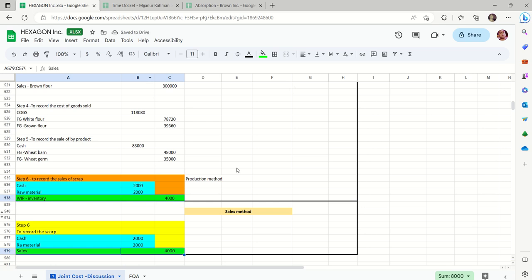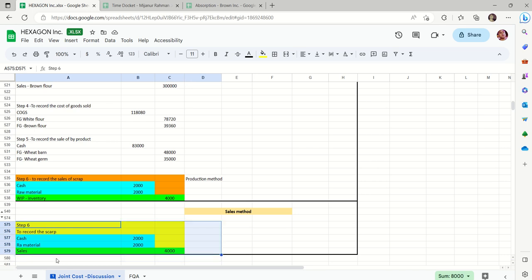The production method credits that to scrap material, to work in progress inventory, and again, it's work in progress. I may have said work in process. It's work in progress. So this is to record the scrap under the sales method right there.